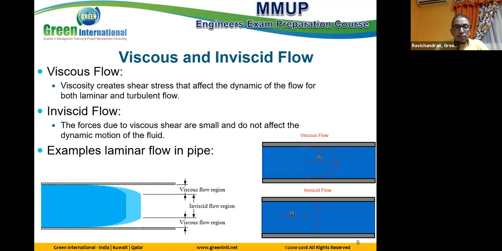Here, in viscous flow, viscosity creates shear stress that affects the dynamics of the flow. Whether the flow is laminar or turbulent, no problem. But in inviscid flow, the force due to viscous shear is small, like the second shape here. You see almost a flat profile, with just a small change near the surface, where the velocity is still close to zero.